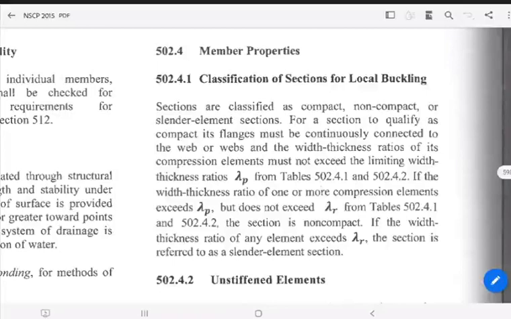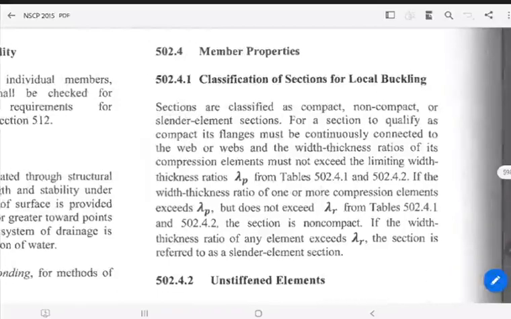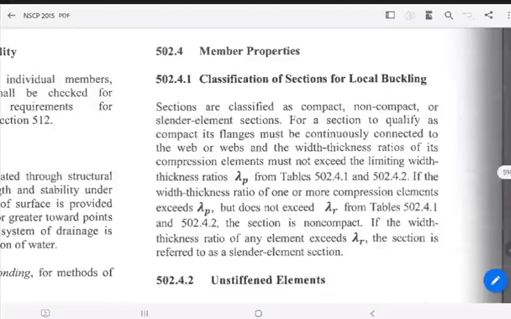Okay. If the width to thickness ratio of one or more compression elements exceeds lambda p but does not exceed lambda r, the section is non-compact. If it exceeds lambda r, the section is slender. And it must not exceed the limiting width to thickness ratio.